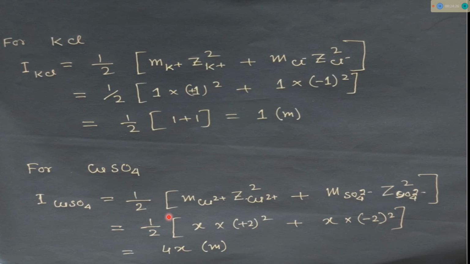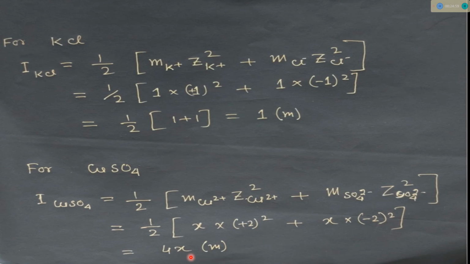In the question, the given molality is X and we have to find the value of X. So molality is X for copper 2 plus, charge is plus 2 square; molality for sulfate anion SO4 2 minus is X, and charge is minus 2 square. From this we get 4X as the ionic strength of copper sulfate solution of X molar.